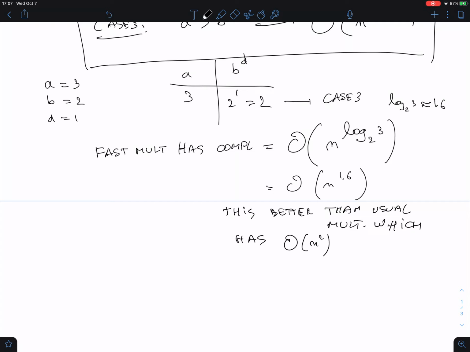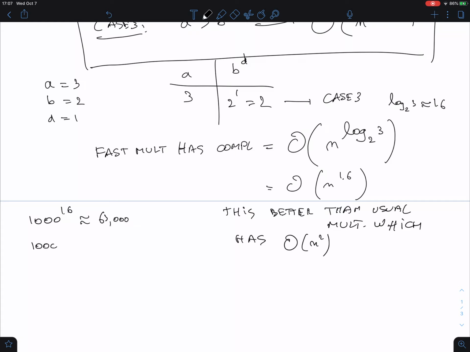Okay, so 1,000 to the power 1.6 is about 63,000.